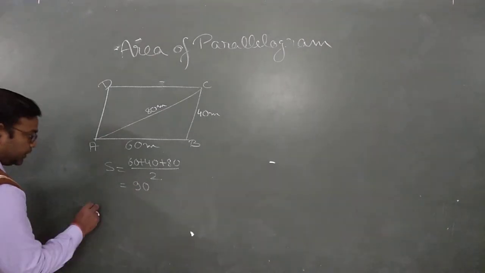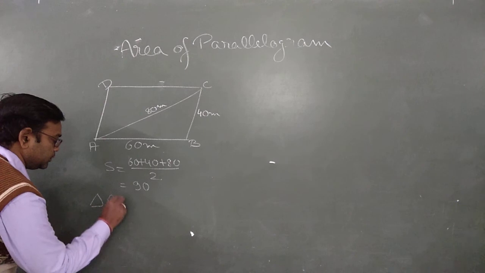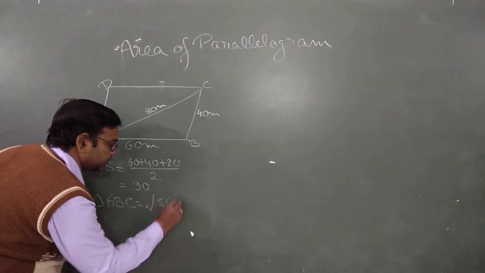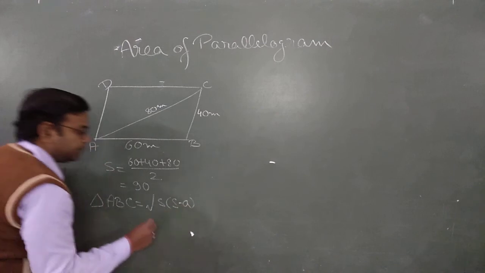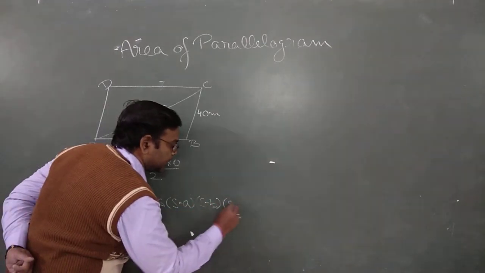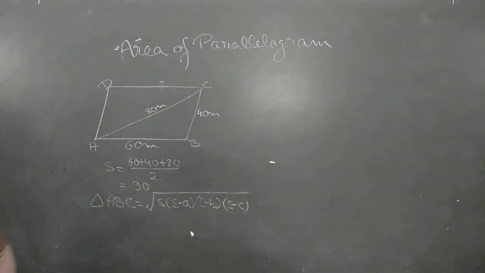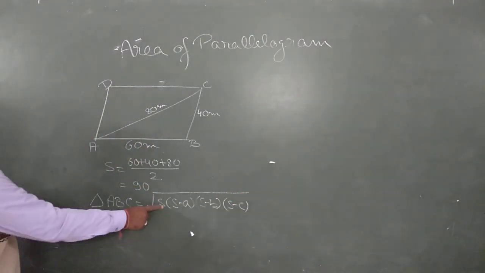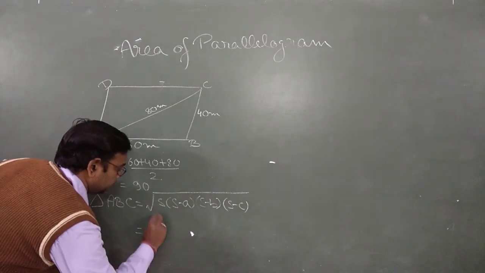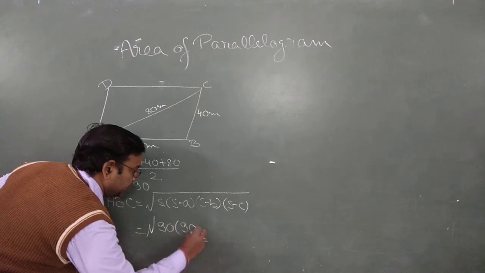Area of triangle ABC equals to under root s into s minus a into s minus b into s minus c. This is Heron's formula, for finding the area of scalene triangle. As we know, value of s is 90, so we can easily write down under root 90 into 90 minus a.